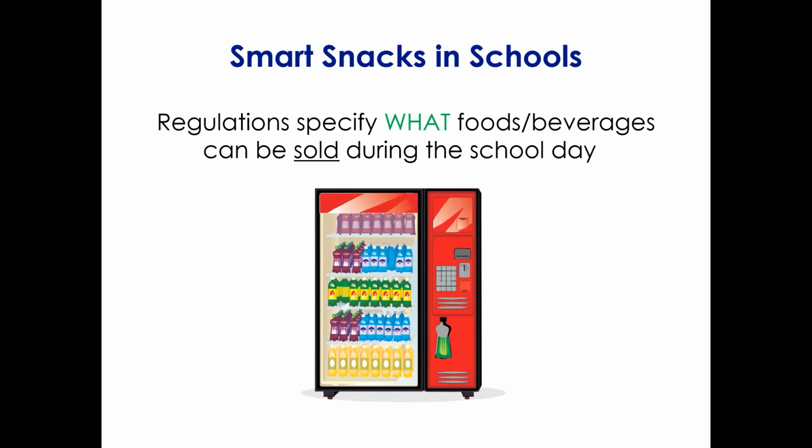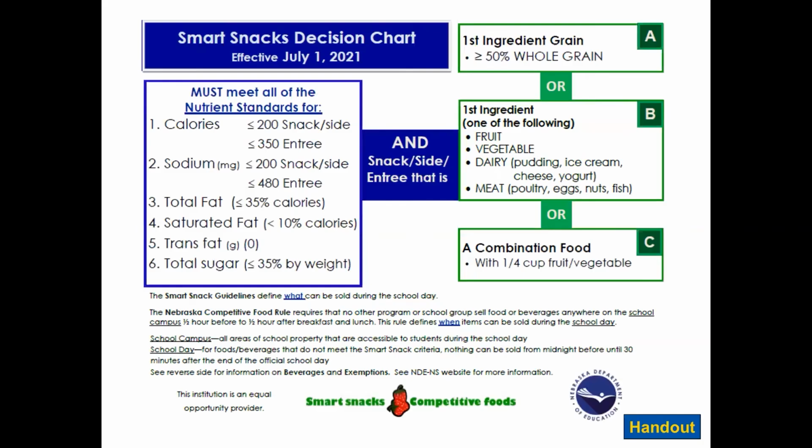A lot of those do not have fruit as the first ingredient, so they cannot be sold as a Smart Snack, nor can they be used in the school food service operation. So this is a handy chart for you to use to see if your snack falls within the required limits. And we'll come back and tell you some more ways you can figure that out too.